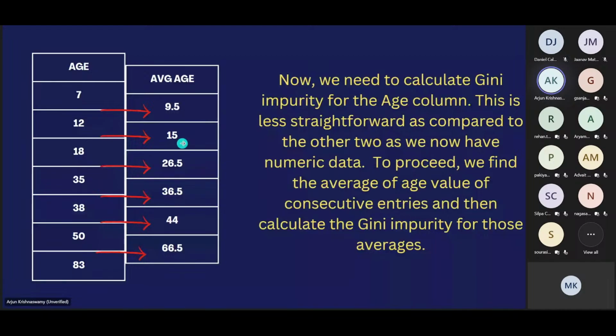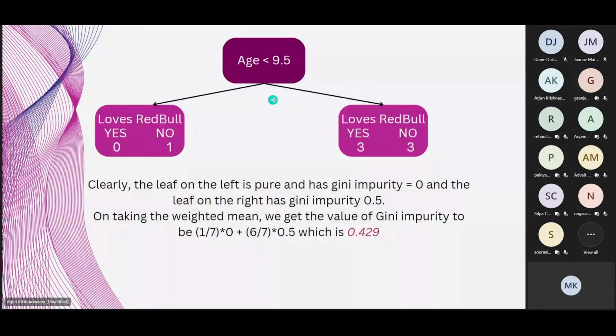Again, we find the Gini impurity values for all of these splits. I'll show an example. If you use age less than 9.5 as a criteria, none of the people aged less than 9.5 like Red Bull, and of the people aged more than 9.5, 3 of them like Red Bull, 3 of them don't.